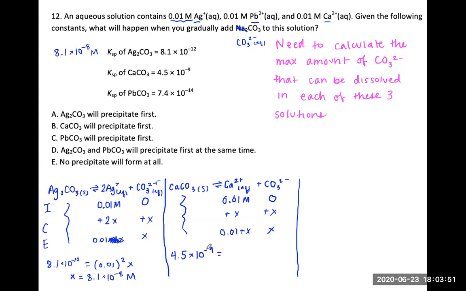And that minus 9th is small enough then that we can ignore any added or subtracted x's. And so then I'll have 0.01 times x as my equilibrium expression when I plug into that KSP. And so this then, x will equal 4.5 times 10 to the minus 7th molar.